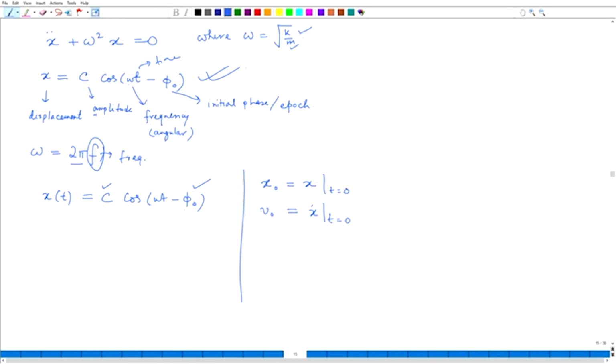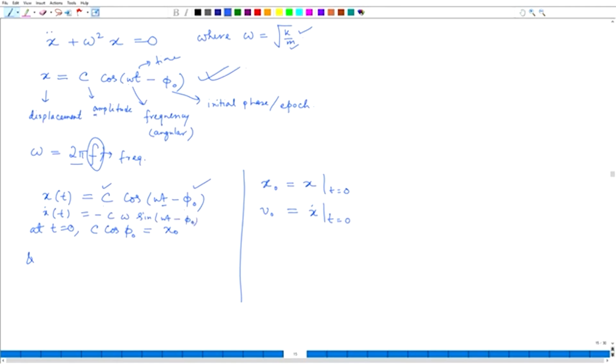At t equal to 0, c cos phi 0, because cos of minus phi 0 is equal to cos phi 0, is equal to x 0. We can also write x dot, which is equal to minus c omega sin(omega t minus phi 0).